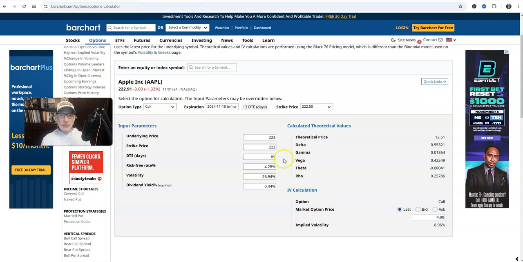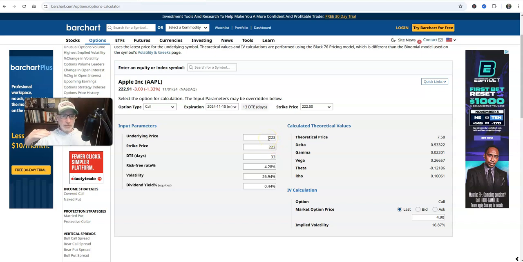Okay. So let's just say you chose a 223 strike, Apple's at 223. And let's say it goes up to 229 like you thought, and you're going to make a lot of money on that trade. Let's go back to the original equation here. With 33 days left and the stock at 223, we're just going on a new example here, and you bought an at the money strike.